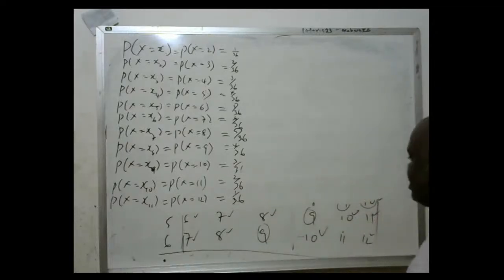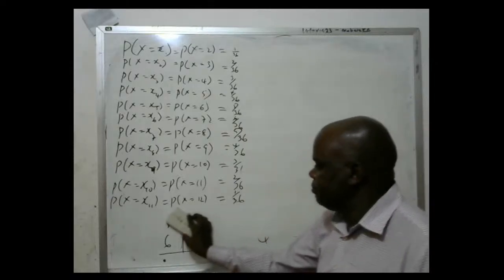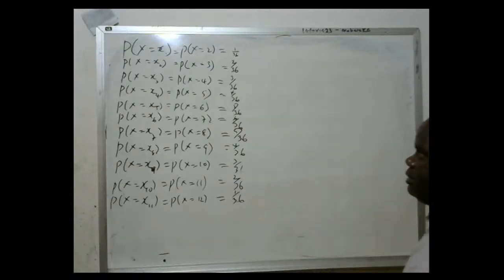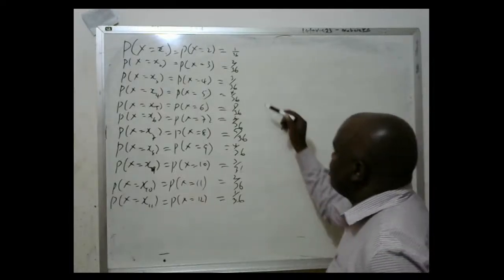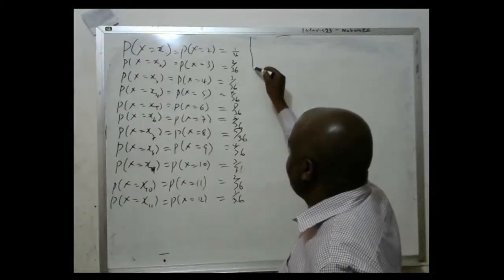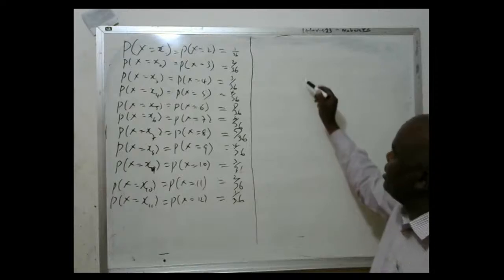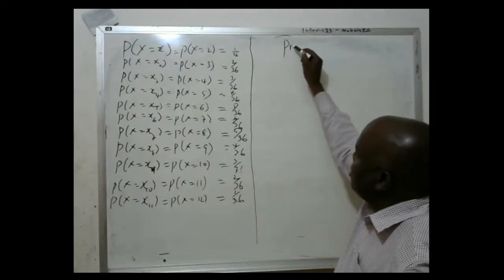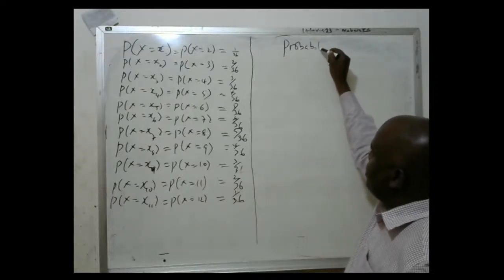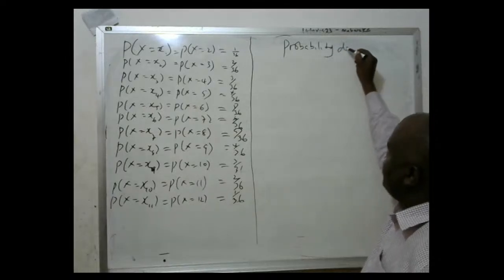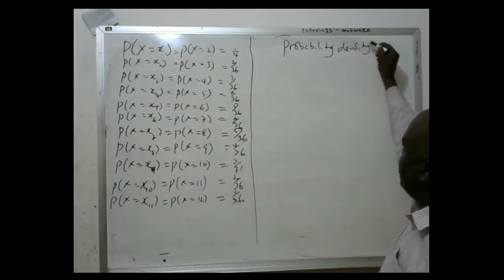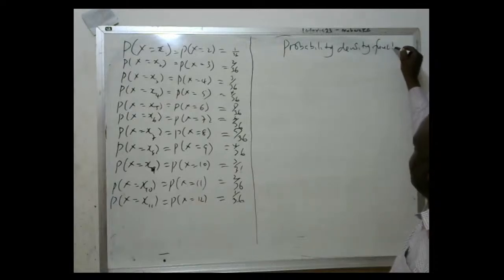Now, these are our respective probabilities. With these respective probabilities, we can generate what we call a probability density function. A probability density function is a function that allocates probabilities.